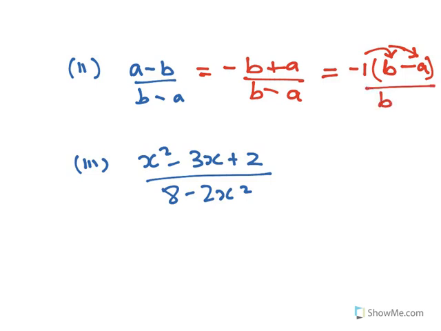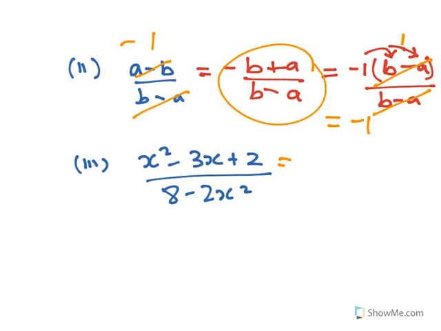So on the bottom you have b minus a, and then these will cancel. b minus a goes into b minus a one time. So with that minus 1 out the front, it will just be minus 1, because it's minus 1 times 1. If it's back to front, it'll go into it minus 1 times.